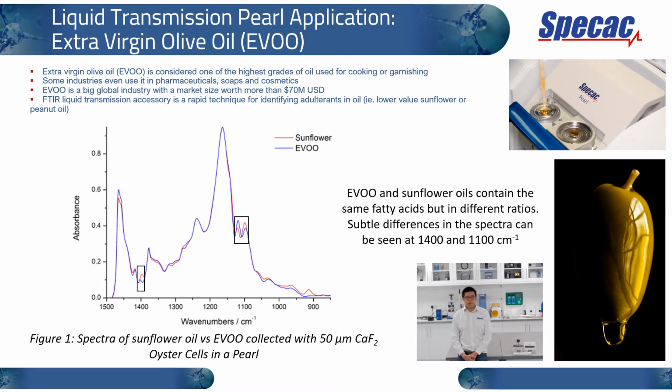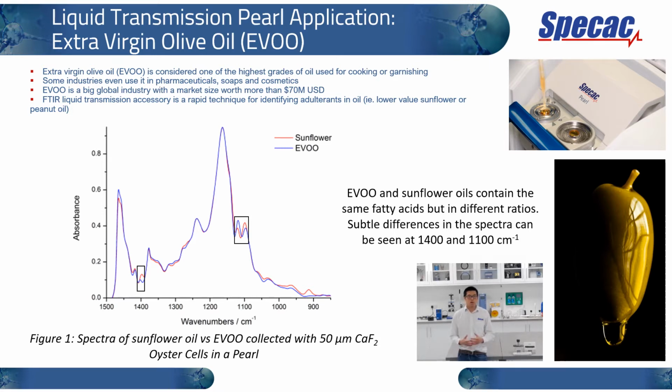The first application we're looking at involves the use of the PEL liquid transmission accessory for the analysis of extra virgin olive oil, or EVOO for short. EVOO is very often considered to be one of the highest grades of oils used in cooking or garnishing. Some industries even use it for pharmaceutical purposes or for soaps and cosmetics.